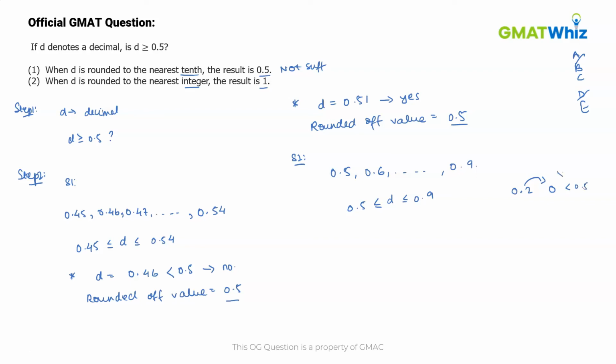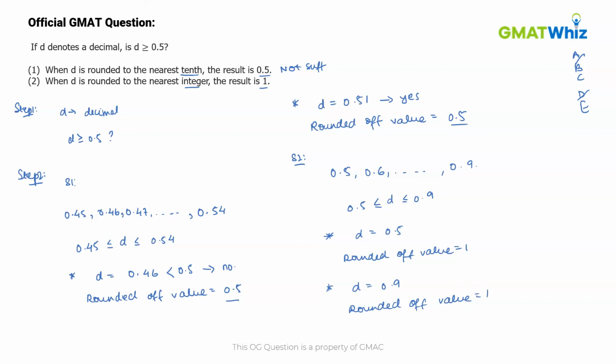So let's take the minimum and the maximum value of D. The minimum value D can take here is 0.5, and the rounded off value to the nearest integer will be equal to 1. Similarly, the maximum value in this range is when D is equal to 0.9, and the rounded off value will also be equal to 1.